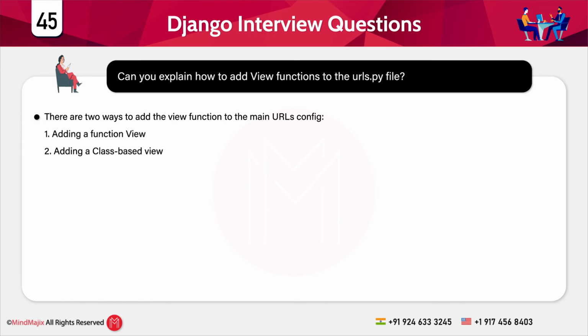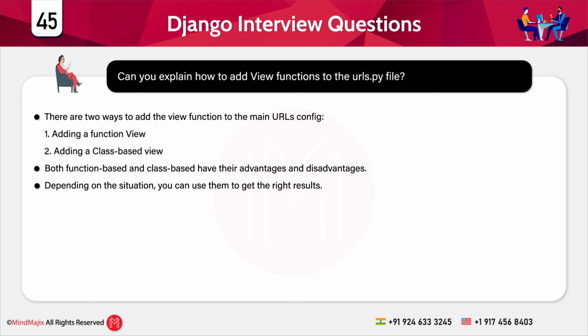So this one is more of a class-based approach. For this, import the class from the views.py file and then add the URL to the URL patterns. An inbuilt method is needed to call the class as a view. Both the function-based and the class-based approaches have their advantages and disadvantages, so depending upon the situation at hand, you can use them to get the desired results.